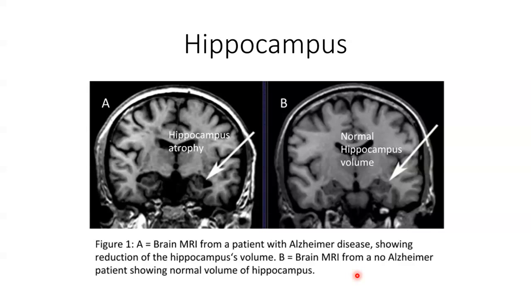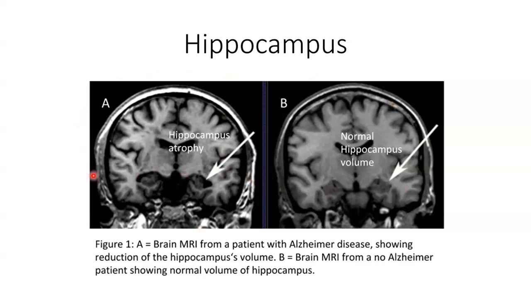Now, neurons in the hippocampus actually continue to develop throughout adulthood, which is one of the very few regions of the brain where this happens. Unfortunately, however, this area is also typically the first and the most affected region in diseases like Alzheimer's. And you can see that in this image here.